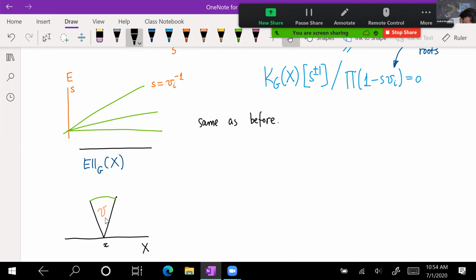So for some point X, this is V over X, and then there's some other point X prime, and there's an E over X prime. And we can take the unit ball bundle and collapse the spheres, all of them, to one point.